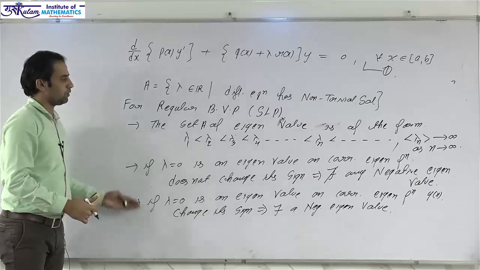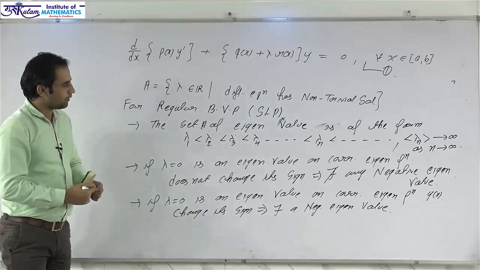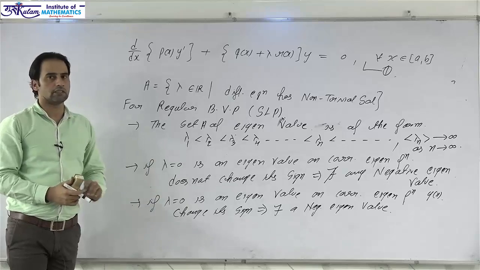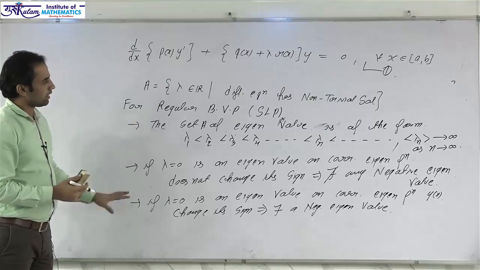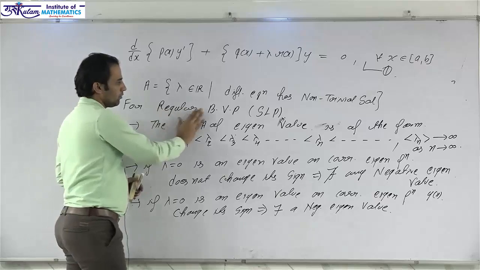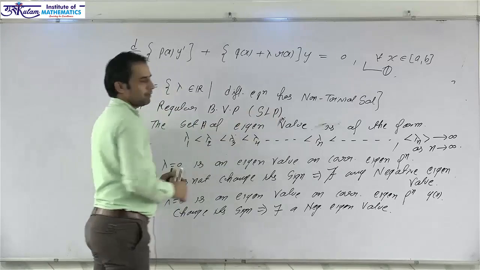So these are the two properties for verifying whether negative eigenvalues exist or not, and all these are properties for a regular boundary value problem or Sturm-Liouville problem.